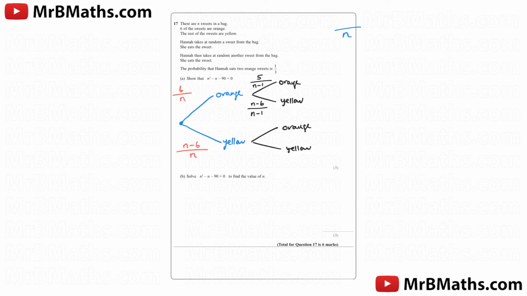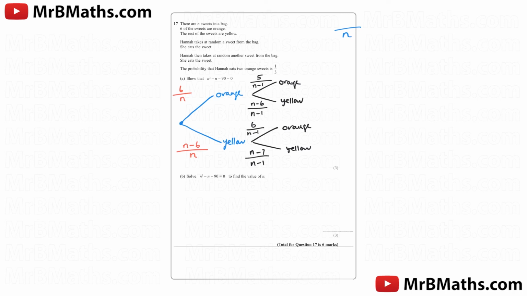If we then fill in the bottom section, so if 1 yellow is taken, that's going to be the n that it was, minus 7 now, because it's take away 1, over n minus 1, because 1 has been taken, and the orange would stay as 6, so that would be 6 over n minus 1.